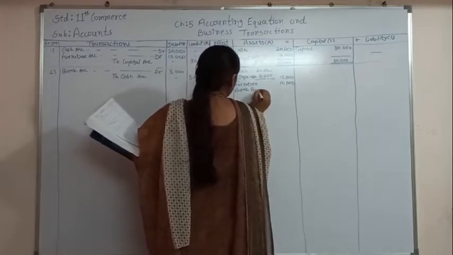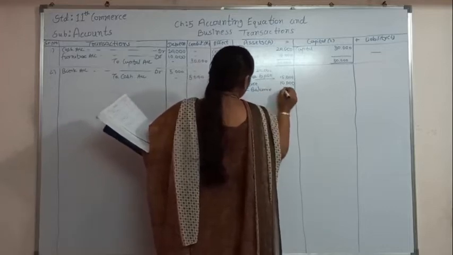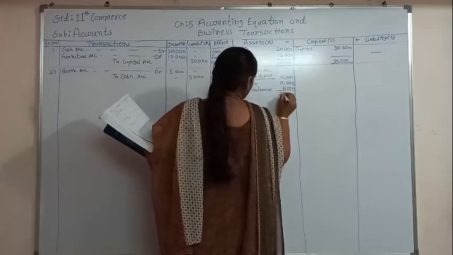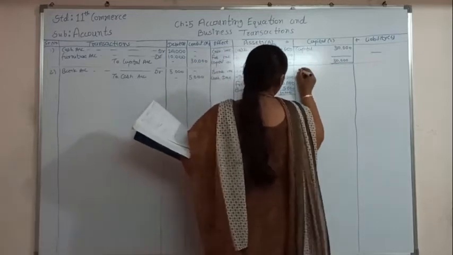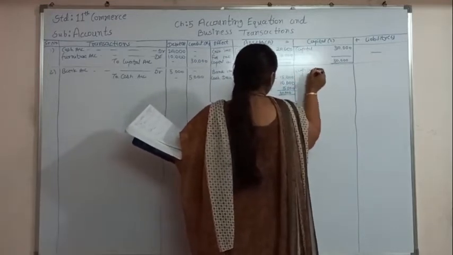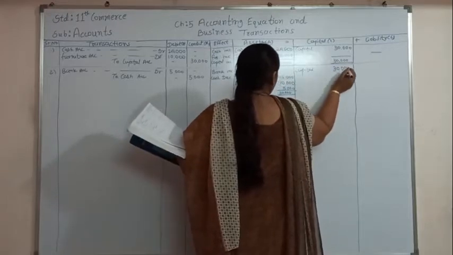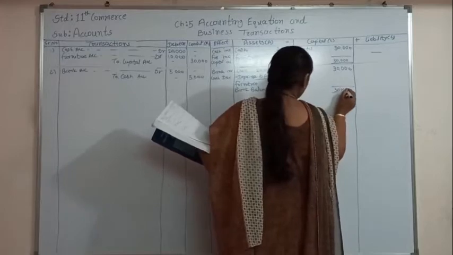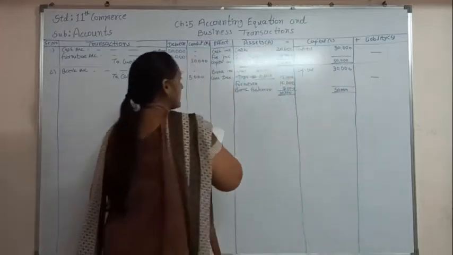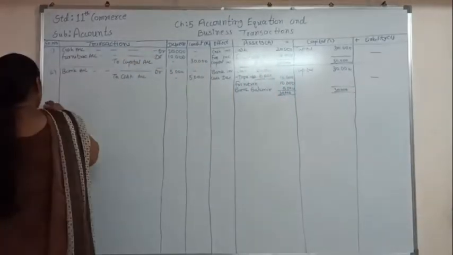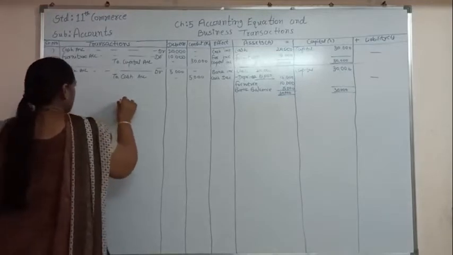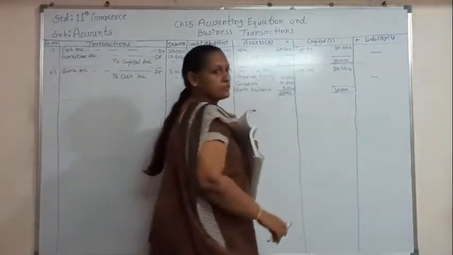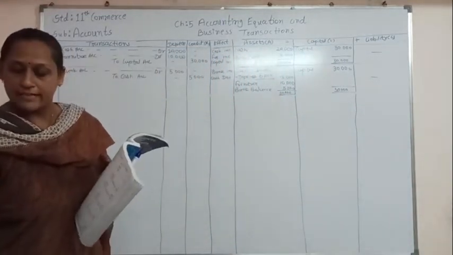So that will be 5,000. So total of this will be again 30,000, and here capital is of 30,000. So this also going to be equal. So this is the second transaction. So that is the effect of second transaction.